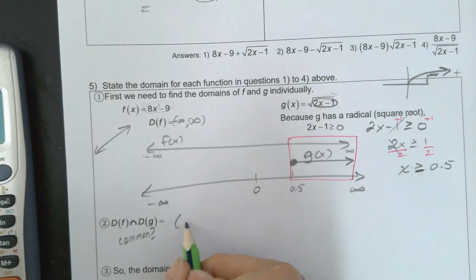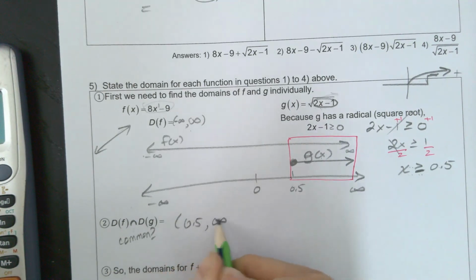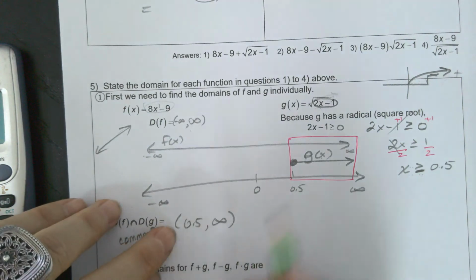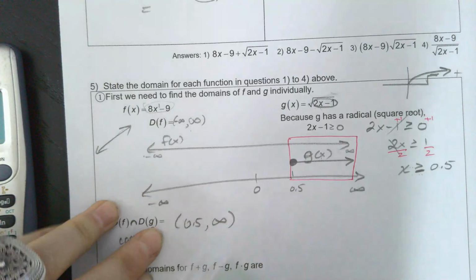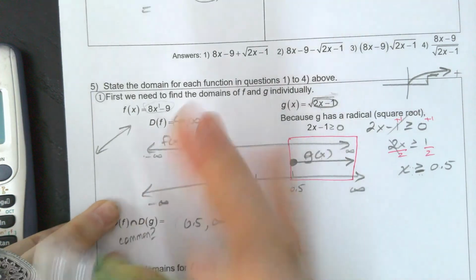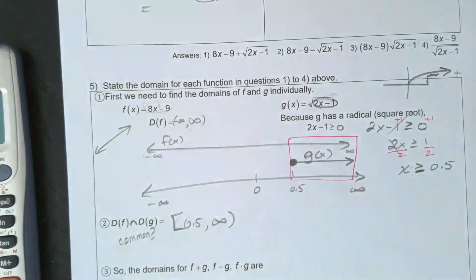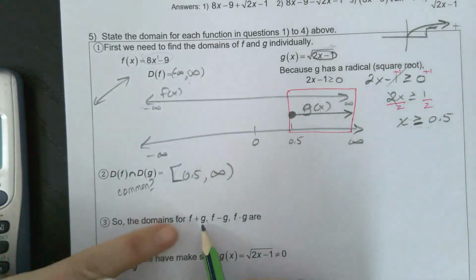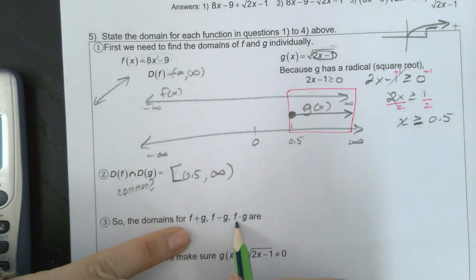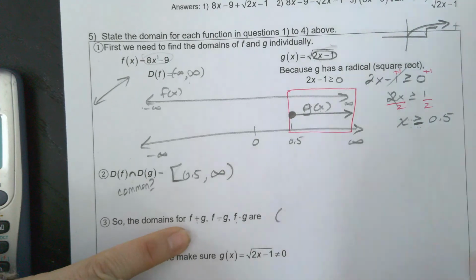So it goes from 0.5 to infinity. Oh wait, can it be equal to 0.5? Because there's a solid circle here and it can be equal to it, it has to be a square bracket here. So the domain for add, subtract, multiply of these two functions is this. Oops, square bracket.